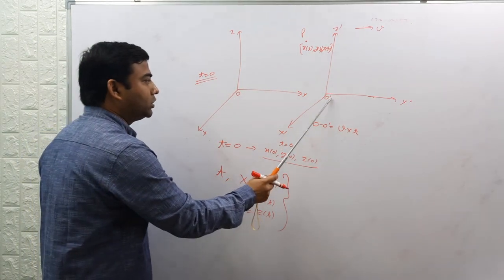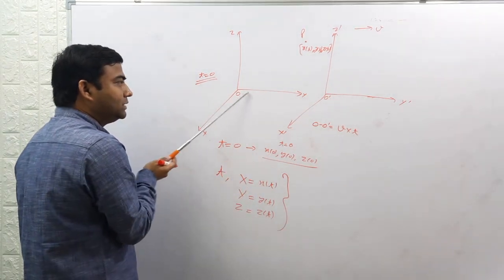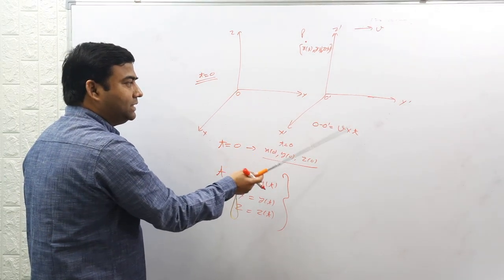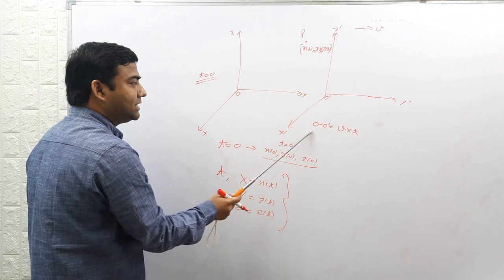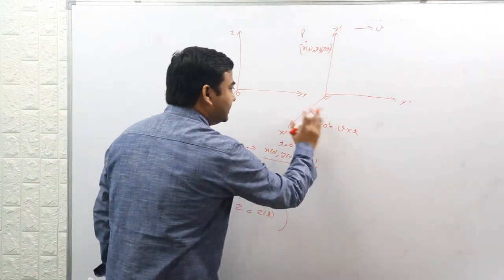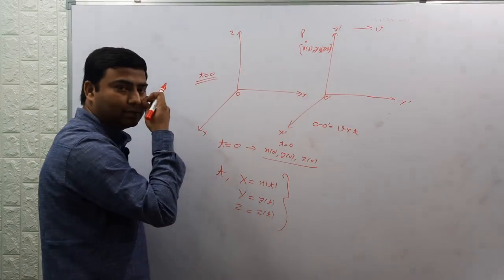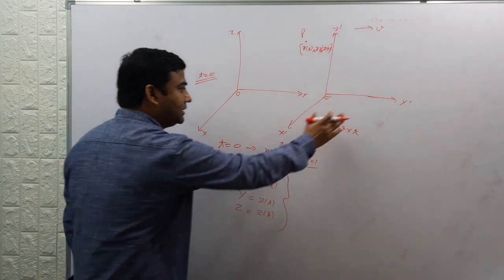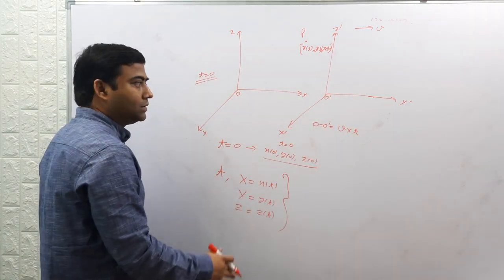Distance between O and O dash: this frame has moved this distance because it is the moving frame. In time t, this O dash distance will be Vt. So the x coordinate of this point at time t in this reference frame will be different.